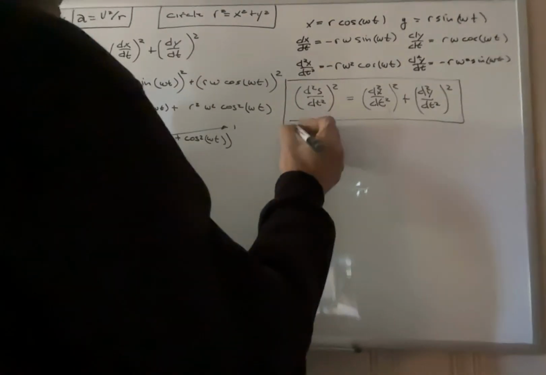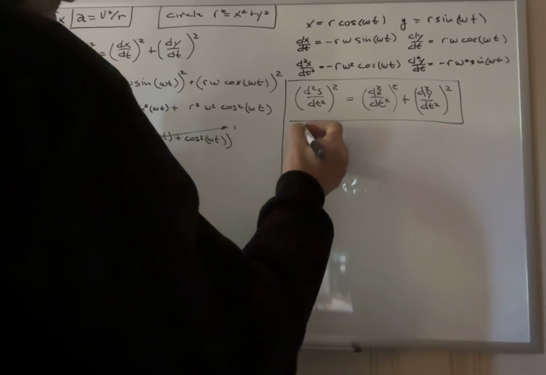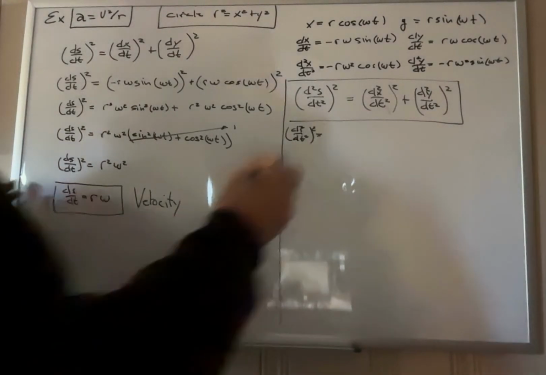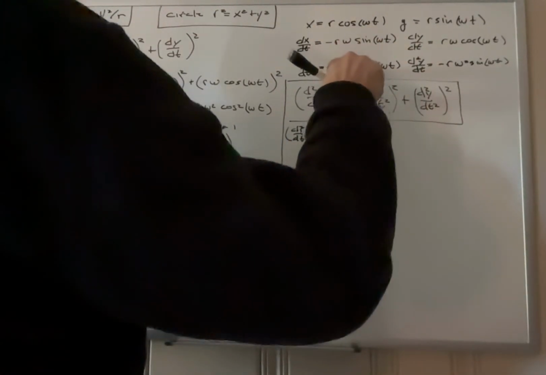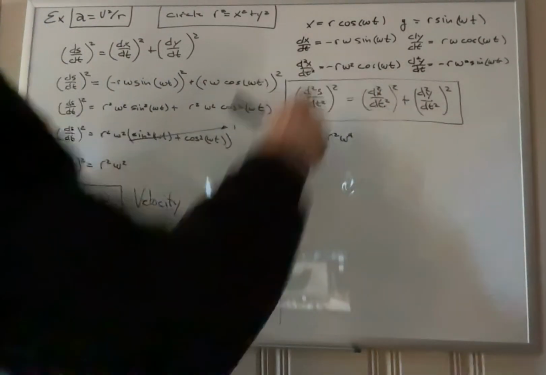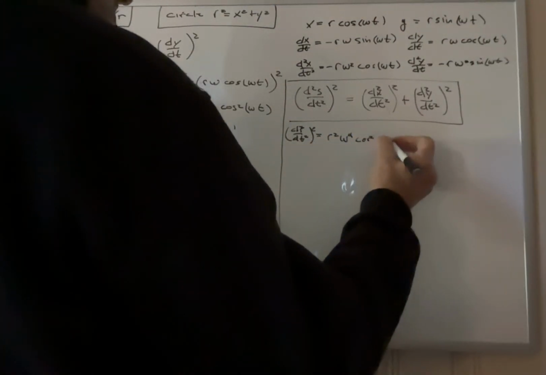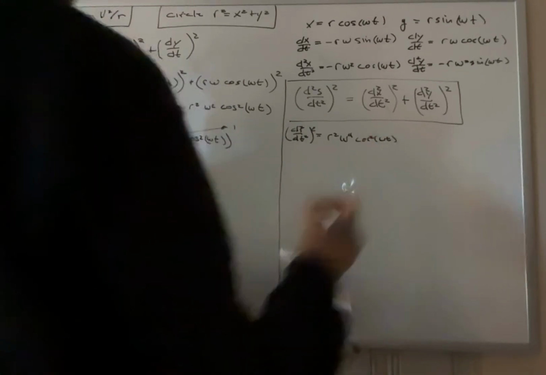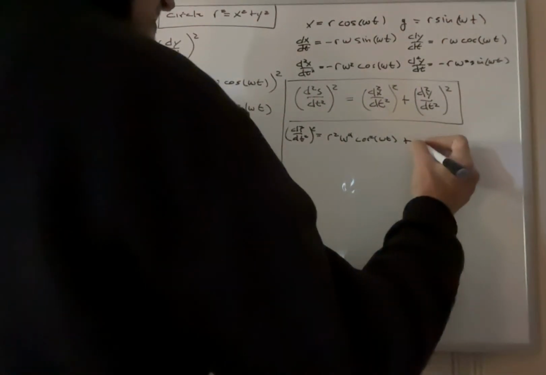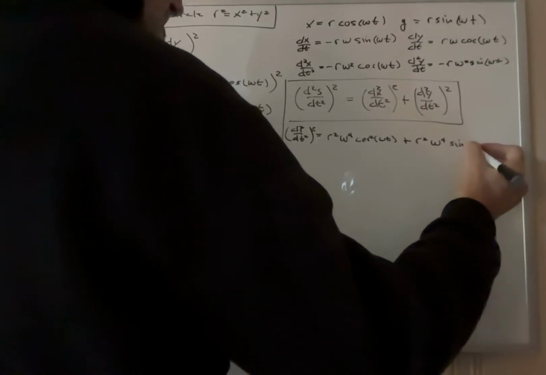So (d squared s/dt squared) squared is going to be equal to, it's going to be a lot to write out, but we'll just do it anyway. We're going to square this thing. So this will be r squared w to the 4th cosine squared wt. Don't forget, this is a square up here. And then we're going to add that to this thing squared, which is going to be r squared w to the 4th sine squared wt.